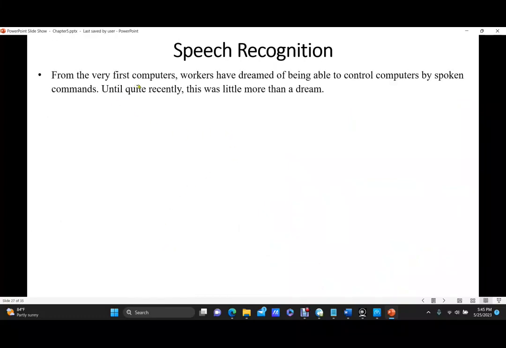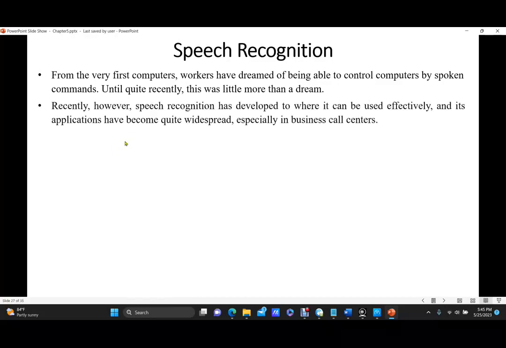From the very first, workers have dreamed about being able to control computers with spoken commands. But until quite recently, this was just an aspiration, a dream.